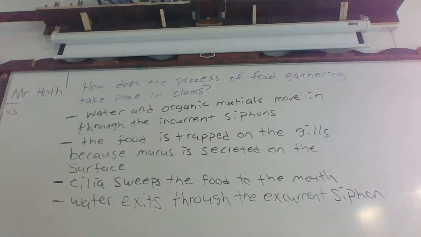Then the food is trapped on the gills because mucus is secreted on the surface, period. And then you're just connecting the dots, okay? So this is just a brief outline. We want you to have a complete sentence form, okay? Questions on that? And hopefully it made a lot more sense when you cut them clams open.